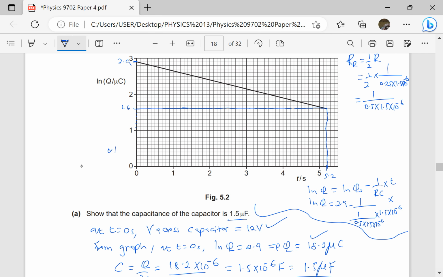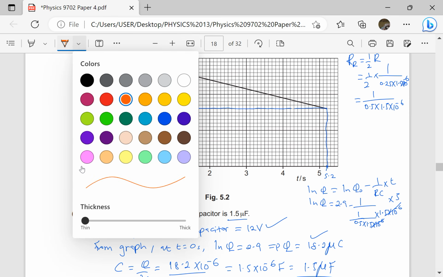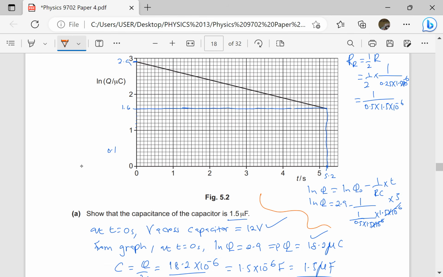Then T, the maximum value of T I want is 5, because we are drawing the graph from 0 to 5. So times T. I want this to cancel out so that I get 1 over 0.5, which goes up. This working can be done on a blank page because it's not part of the question.